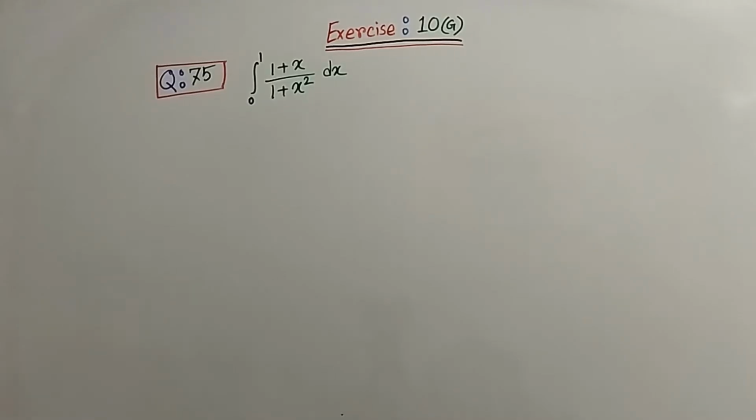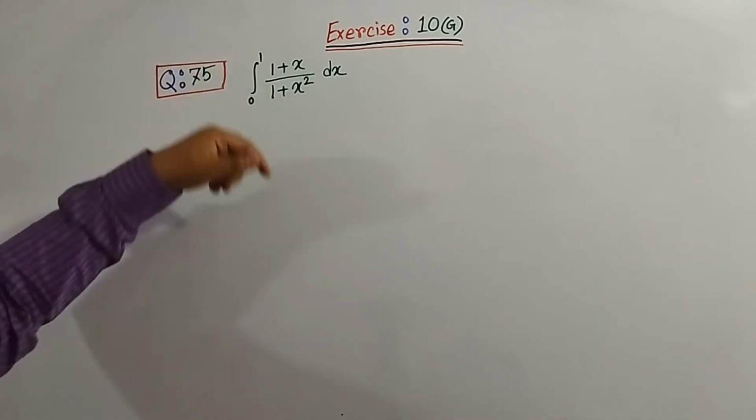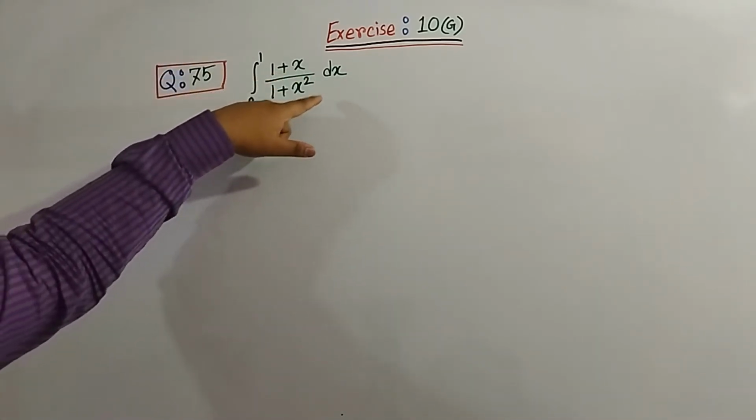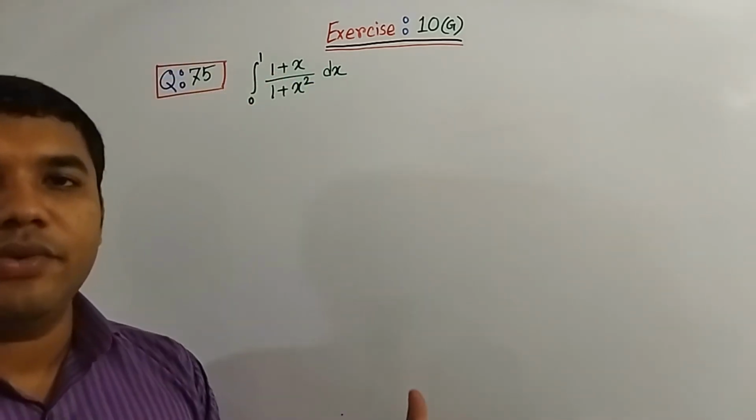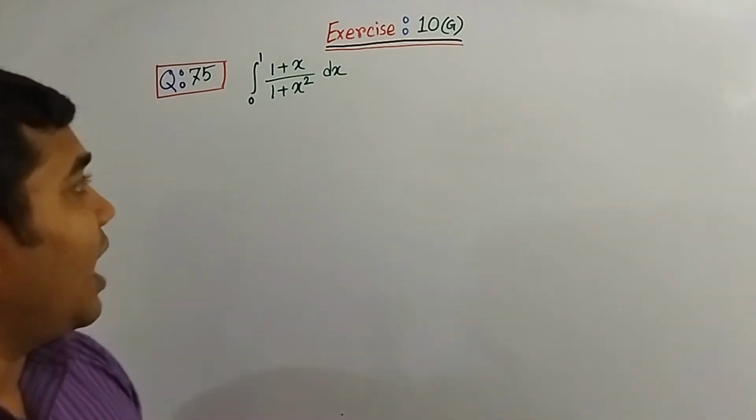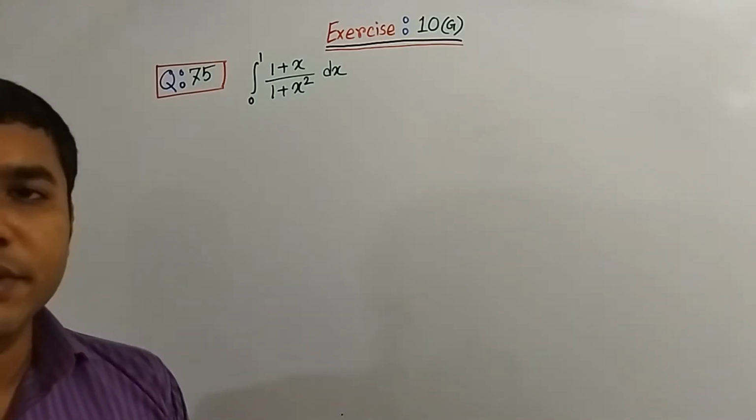So now it is question number 75, and here is given the integral from 0 to 1 of (1 plus x) over (1 plus x square) into dx. That is the question given, and we need to solve it. How can we solve this type of problem, my dear students?